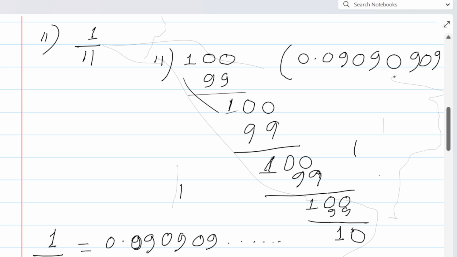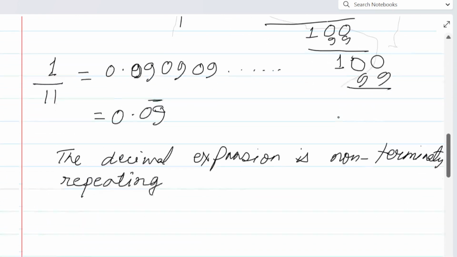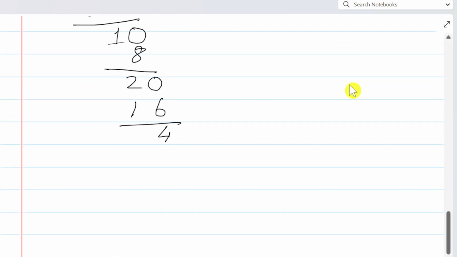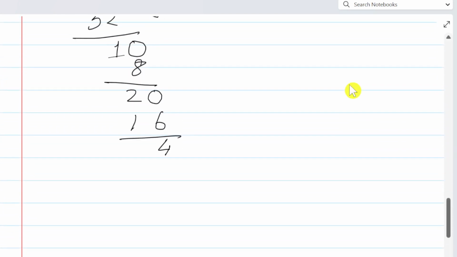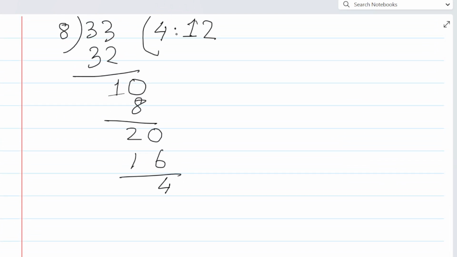So what I'll take here 0 and here 10. Now 9 times, 9 nines are 99. Is it clear? That means for one decimal point you can take 0 free. So here for this one decimal point I can take 0 free.